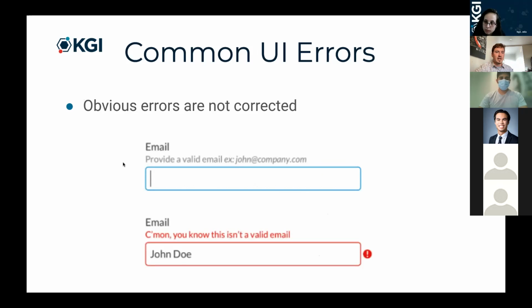So if the form says you need to provide a valid email, but then it accepts John Doe, where obviously there's no @ sign, there's a space, there's no .com, .org, nothing. Yes, the user should know that this is not an email, but we shouldn't even let the user submit a form if they're not using their email.